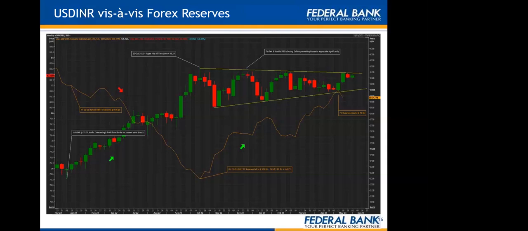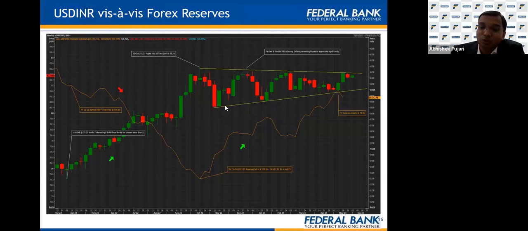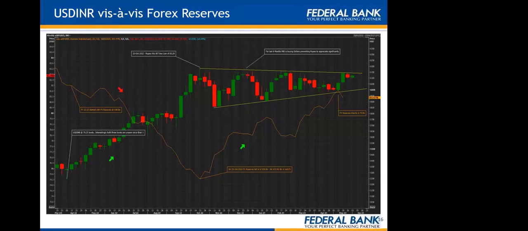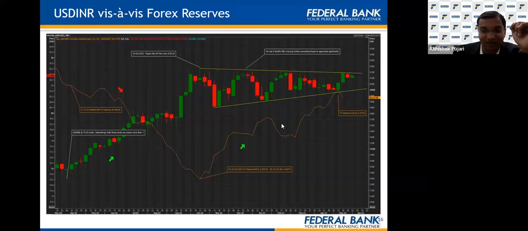What is the outlook on Euro INR till March 2024? So Euro INR is a derivative of Euro USD and USD INR, and it's directly proportional. First, let's speak about USD INR itself. If this particular level is taken out, we can expect USD INR to go up to 84.50 to 84.70 levels.